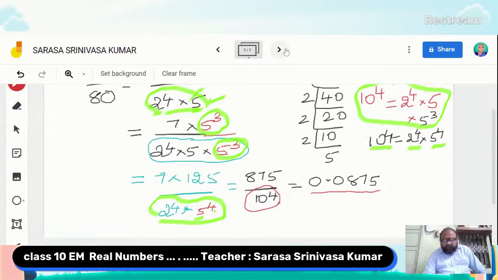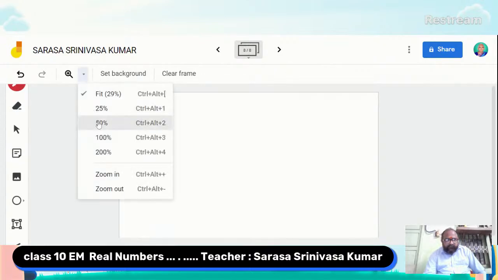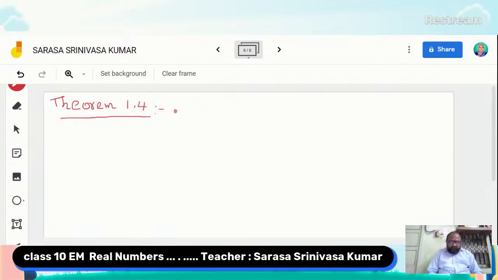From all these examples, what we can conclude is that now we give a statement, a theorem, Theorem 1.4. First, we consider some examples, and after considering examples by observation, we try to understand the mathematical statement and the statement of the theorem.